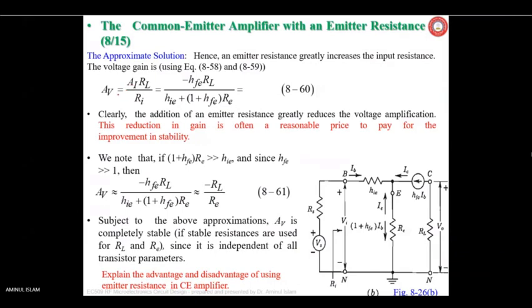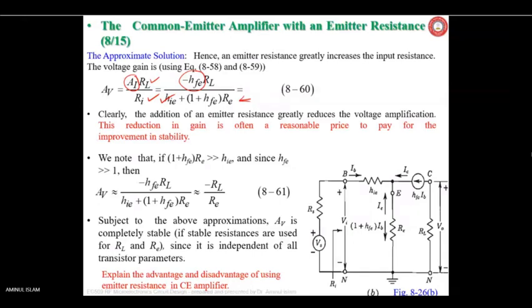So now going further, AV. From our previous discussion, we know that AV equals current gain multiplied by load resistance divided by input resistance. Putting the values, you have got the AI as minus hFE and you have got the Ri. You get this expression. Clearly, the addition of an emitter resistance greatly reduces the voltage amplification because it is coming in the denominator.